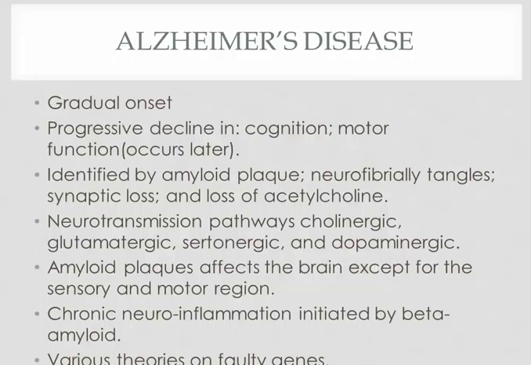Neurofibrillary tangles are insoluble twisted fibers that are found inside the brain cells. These tangles consist primarily of proteins of a structure called a microtubule. The microtubule helps transport nutrients and other important substances from one part of the nerve cell to another.